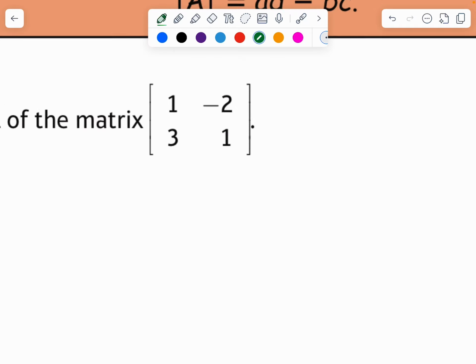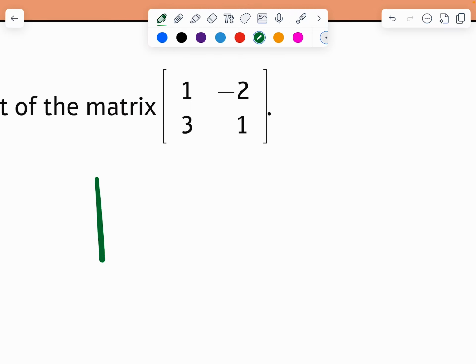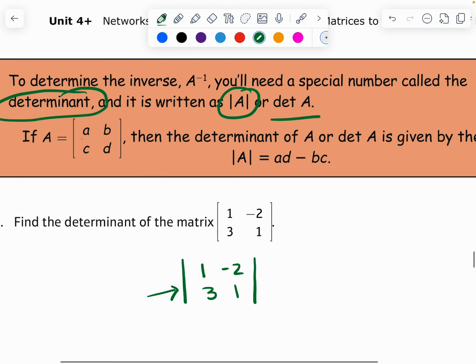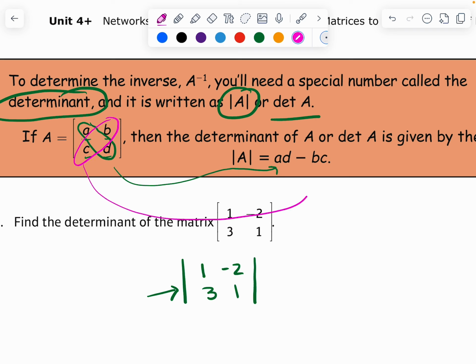So what we're going to do right here is find the determinant. So 1, -2, 3, 1. Notice how these bars are straight up and down bars. The matrix A is A, B, C, D. We're going to take A and D and multiply those together. Then we take B and C and multiply those together.